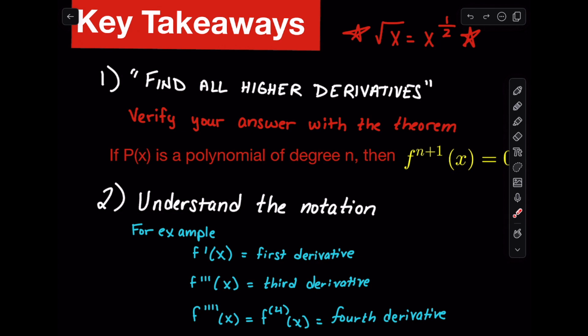And then the second takeaway is to just understand the notation of these problems. If you understand that 1 prime means the first derivative, 3 primes means the third derivative, and you can also write it with a numerical 4 here, which equals the fourth derivative, then I think you'll have no problem understanding what these problems are asking and being successful on the exam.